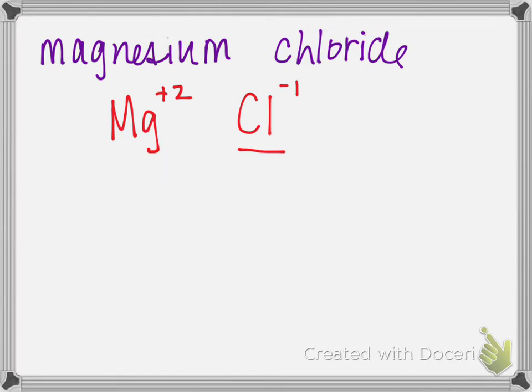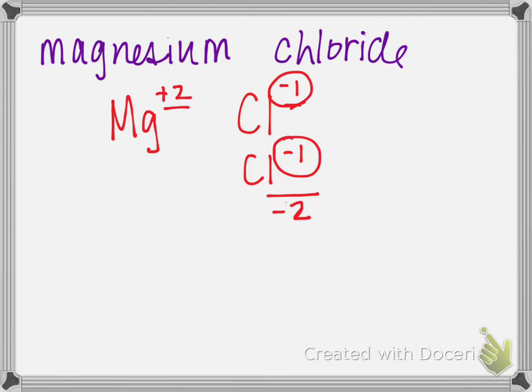Well, we should see that magnesium has a greater charge, right, at +2. So how many chlorine atoms would it take to balance out that +2? +2 minus 1, I'm going to need another chlorine atom. So that now on my negative side, I have -1 and -1, which equals -2. And so now +2 and -2 would balance each other out.